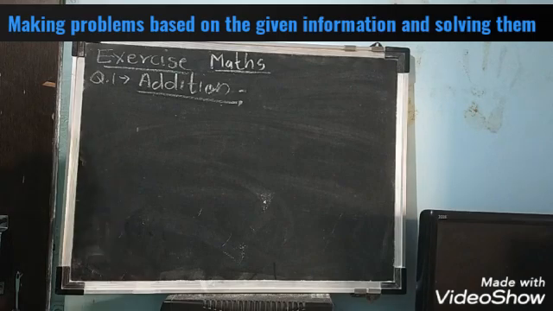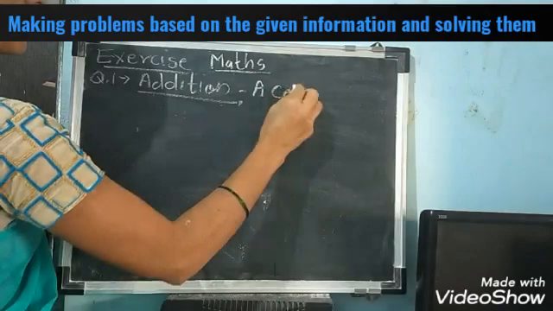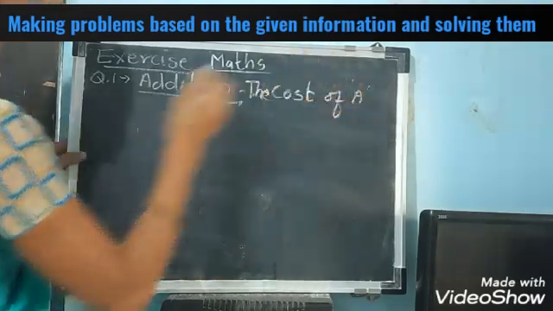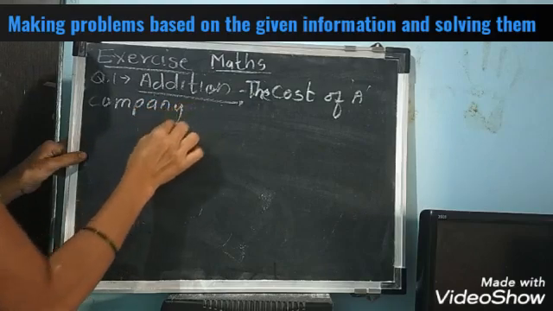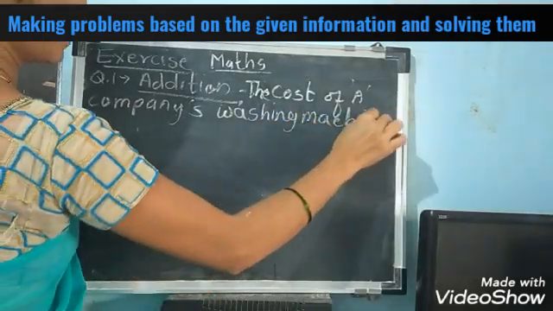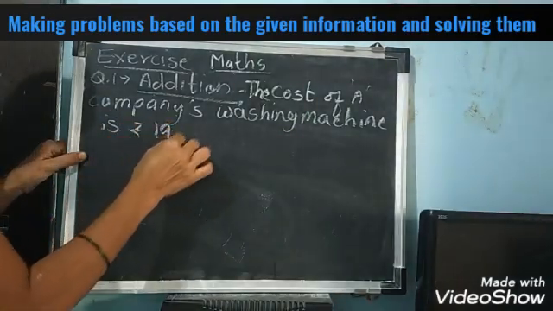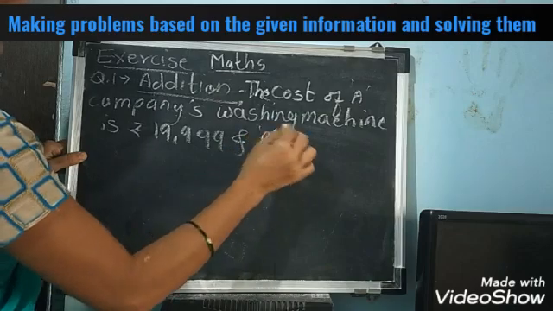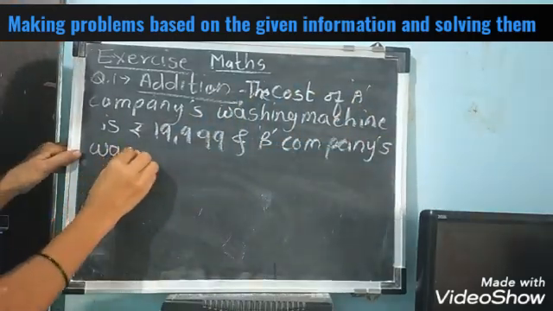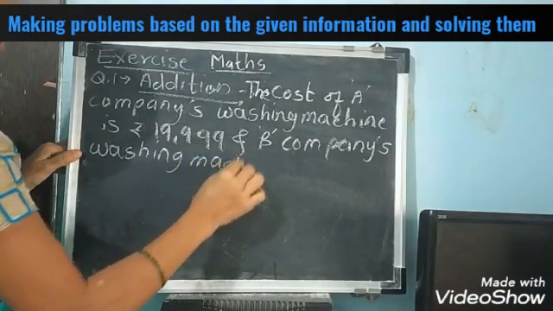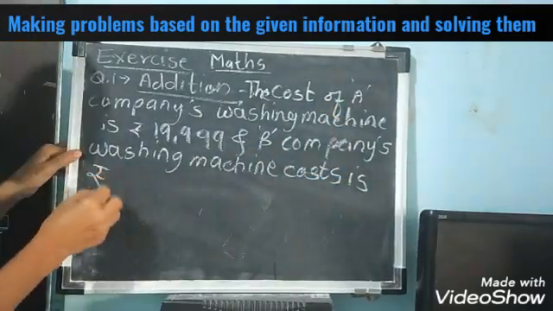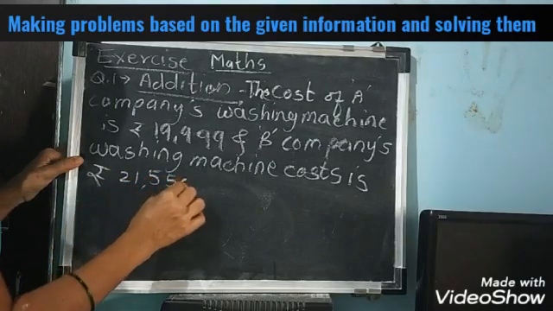See, now I am going to make the first addition example. The cost of A company's washing machine is rupees 19,999 and B company's cost is rupees 21,550.